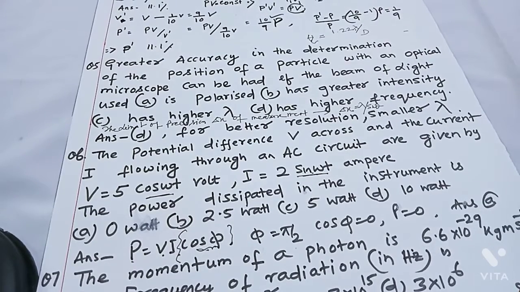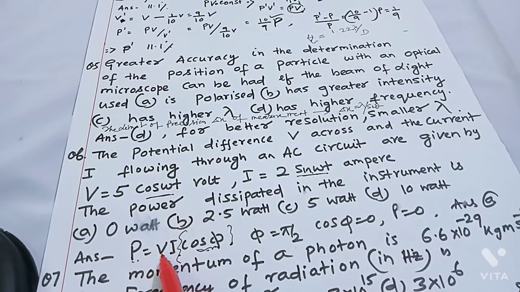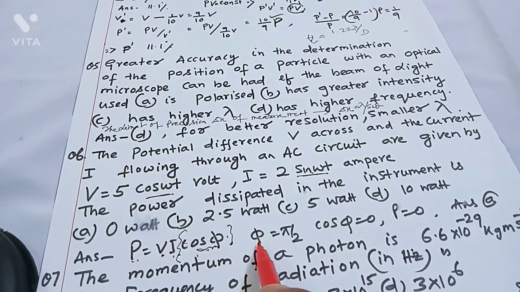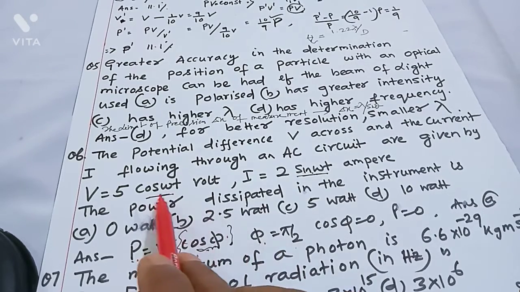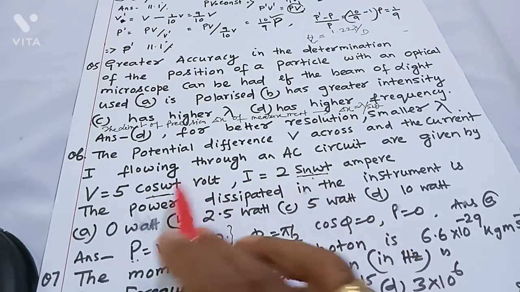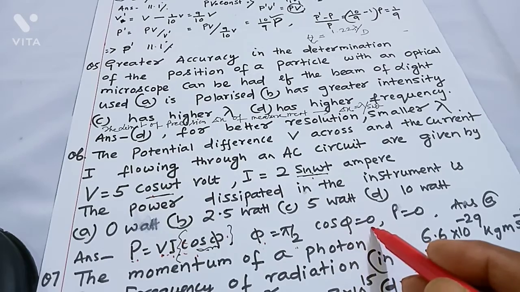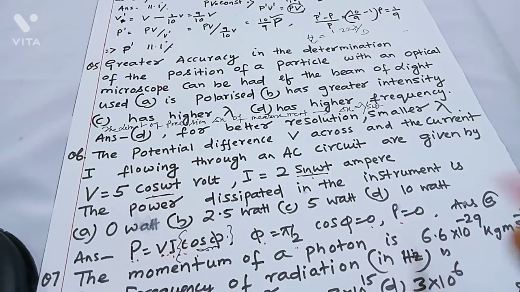Now we know the formula that power dissipated equal to V RMS, I RMS cos phi, where cos phi is the power factor. Now phi, the phase angle between voltage and current, here is pi by 2, because this is cos omega t, this is sin omega t. So phase difference is pi by 2, and cos phi equal to 0, or power dissipated is 0.